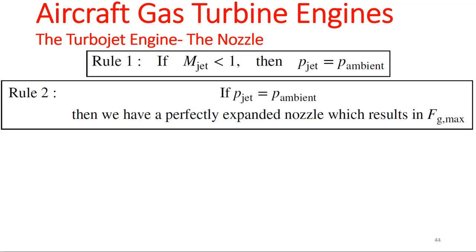But rule number 1 is telling us that in a subsonic regime, your static pressure at the exit is going to be equal to the ambient static pressure. Exactly, unless you are told otherwise, right?